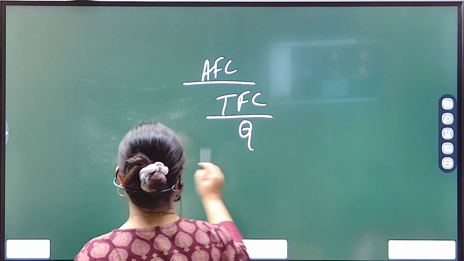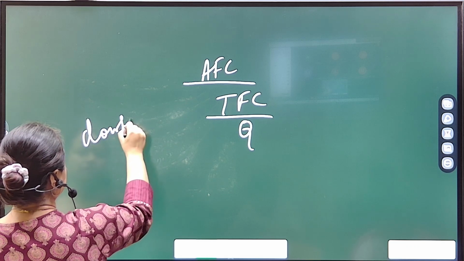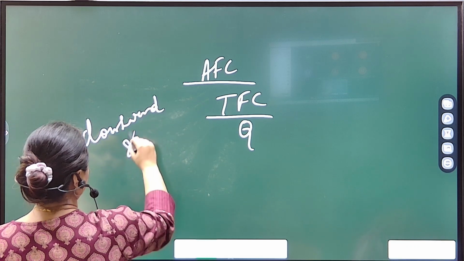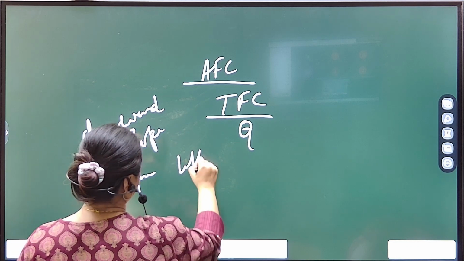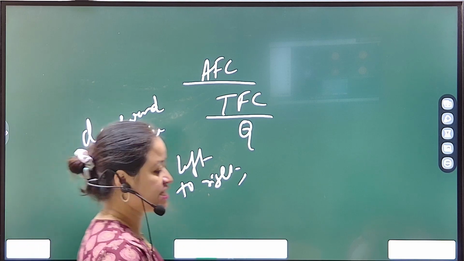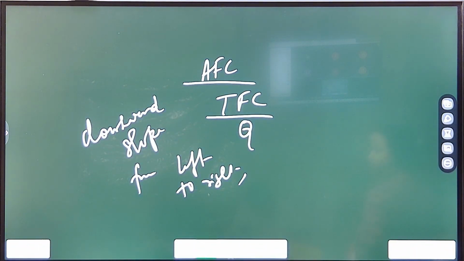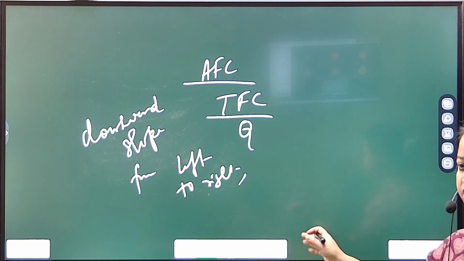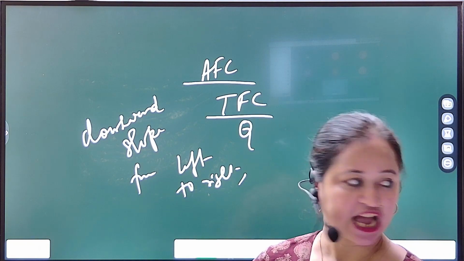So the AFC curve slopes downward from left to right and it is like a rectangular hyperbola.